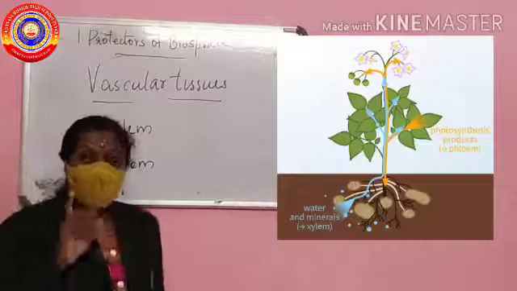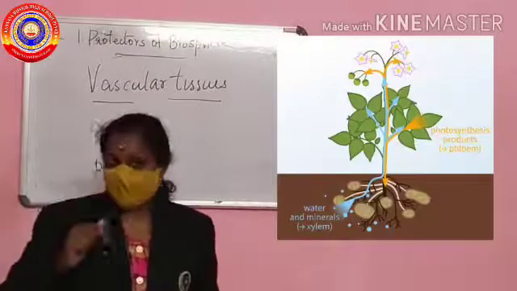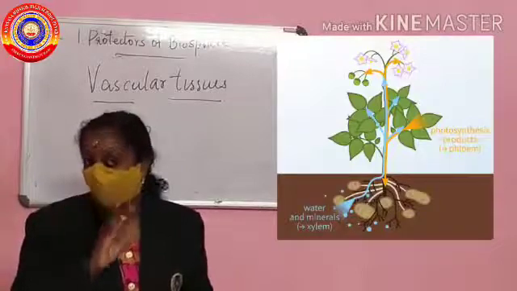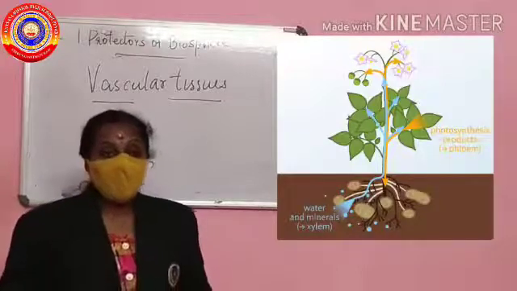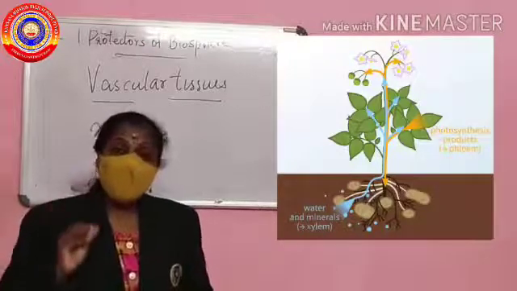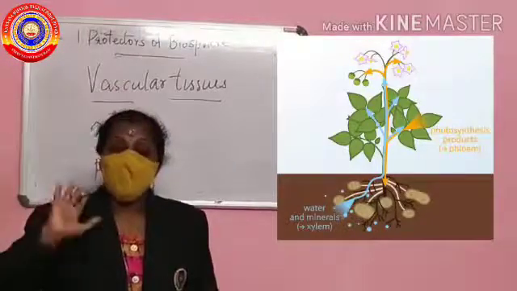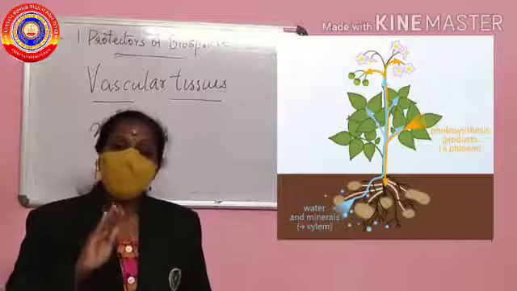And the leaves, with the help of the sunlight and carbon dioxide which enter through the stomata, prepare their food, and this food is sent to all parts of the plants by the phloem vessels.